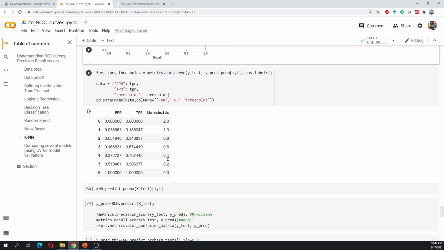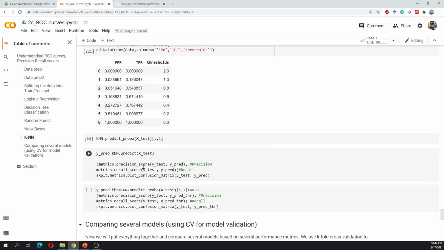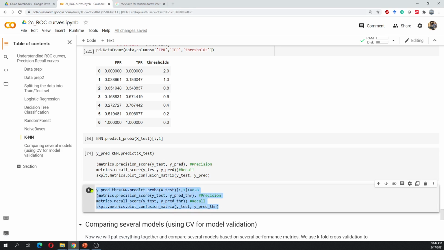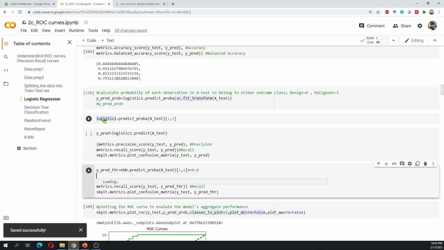So one more thing, since we're talking about these thresholds, I'm gonna go back to the logistic regression. I will quickly run the earlier cells up to where we're talking about the logistic regression, and then we're gonna talk about it.